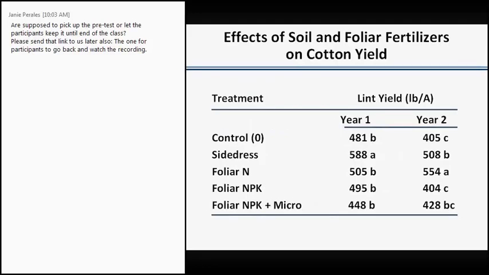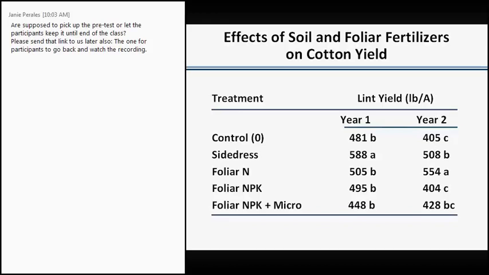So to give you some examples, from a cotton standpoint, where we had 2 years of applications: control, no application, where we side dressed, foliar nitrogen, foliar N, P and K, and then foliar N, P and K plus micros. So where we put the side dress on, we got very good results the first year and the second year.